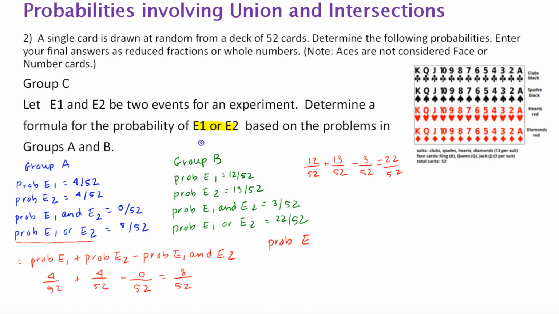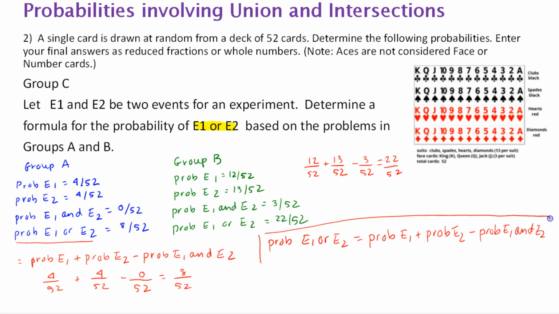Probability of E1 or E2 equals the probability of E1 plus the probability of E2 minus the probability of E1 and E2. So just subtract off the intersection. And this is our result in general that works for the union of any two events.